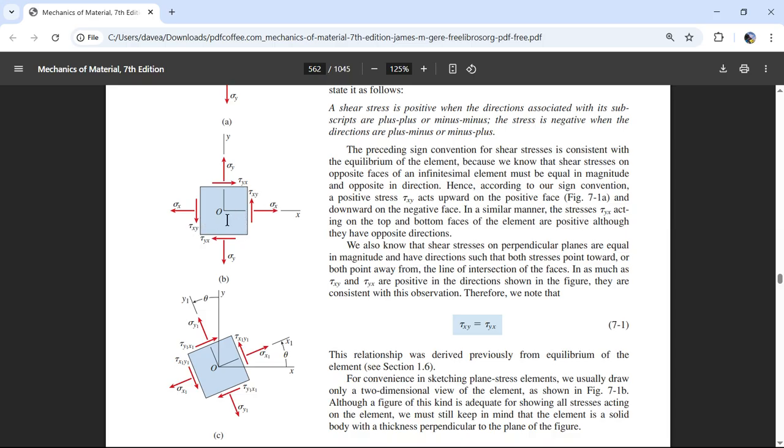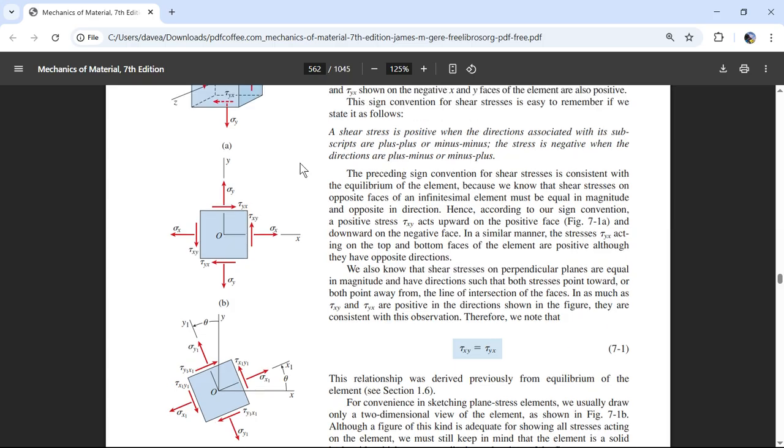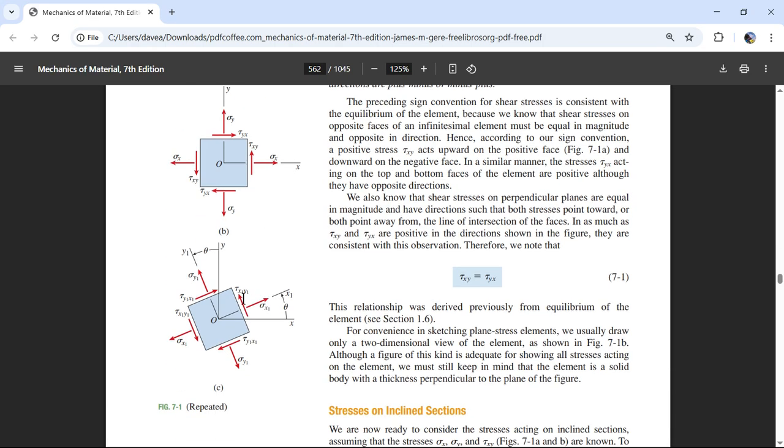If we're trying to rotate this where this is x1 and this is y1, then I take this as my cut, throw away this top part, and this will be A naught tangent theta for the area, and then I would have this y1.